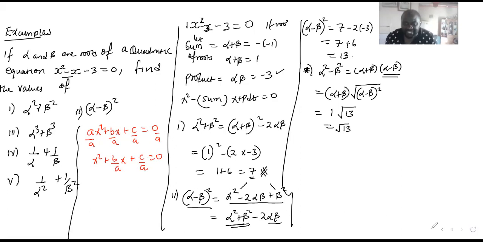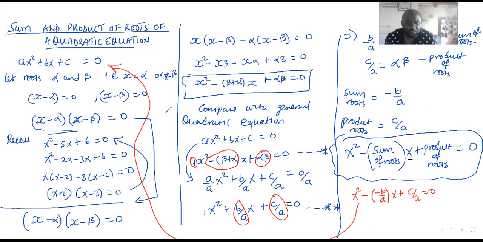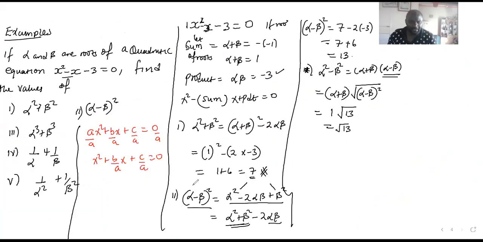When we expanded its roots, let me take you back a little. When we expanded the roots, if the roots were alpha and beta, when we expanded and multiplied the two factors for the roots, the equation realized the following. Do you remember? It means here you have x squared minus the sum of the roots, plus the product of the roots, is equal to 0.